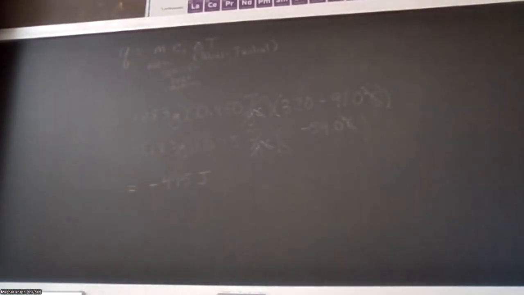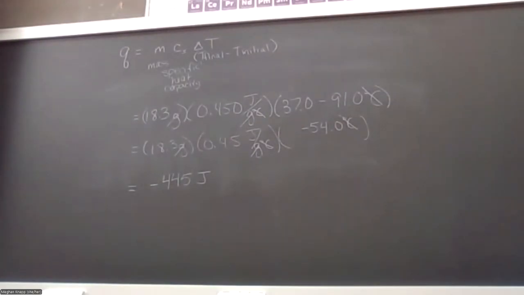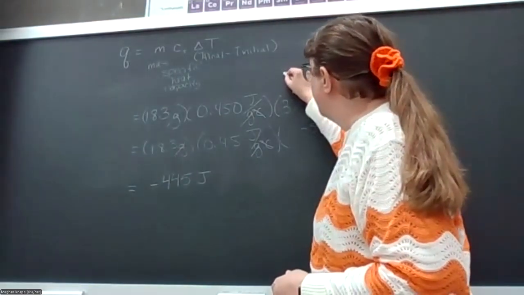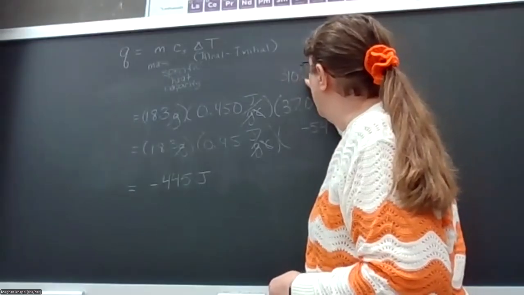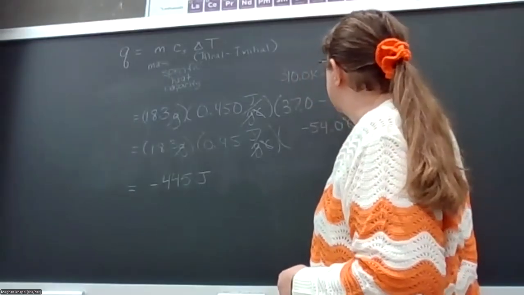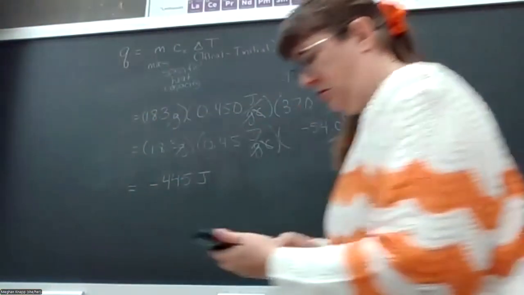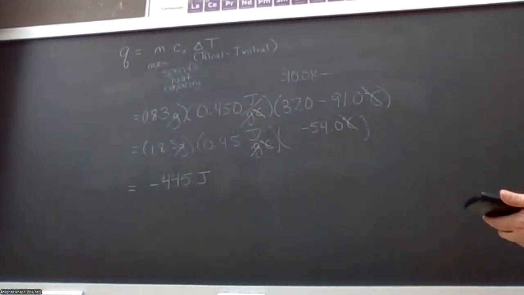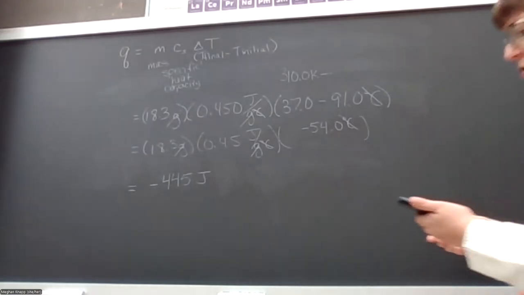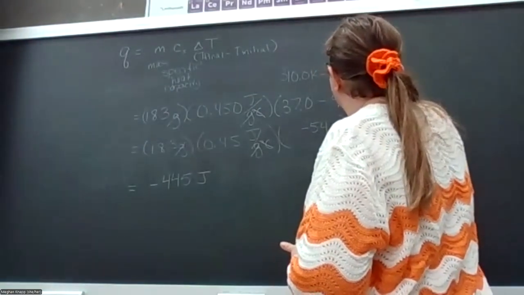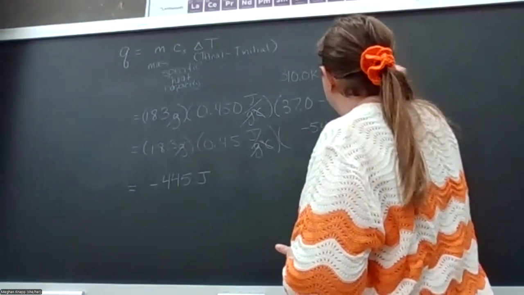It says joules per gram Kelvin, and you'll often see that. Okay, so what if we changed this to Kelvin? We can do that. So it would be 310.0 Kelvin minus, and I have to plug this one in because I don't know it, 364 Kelvin.